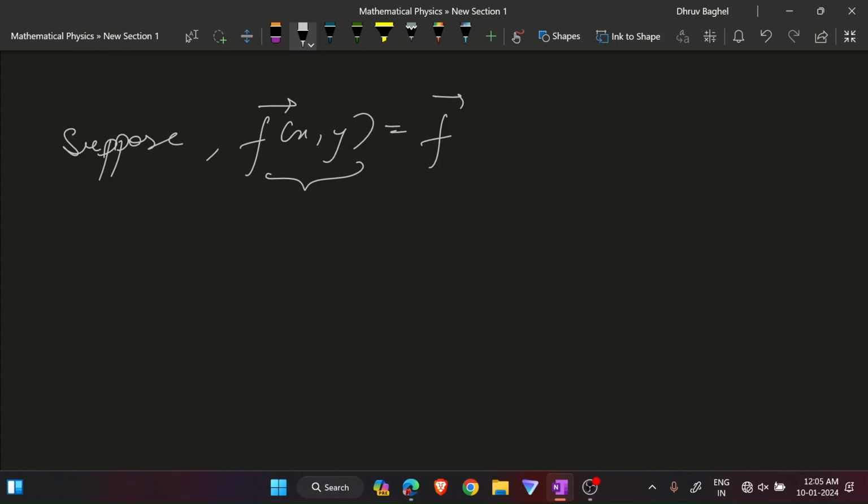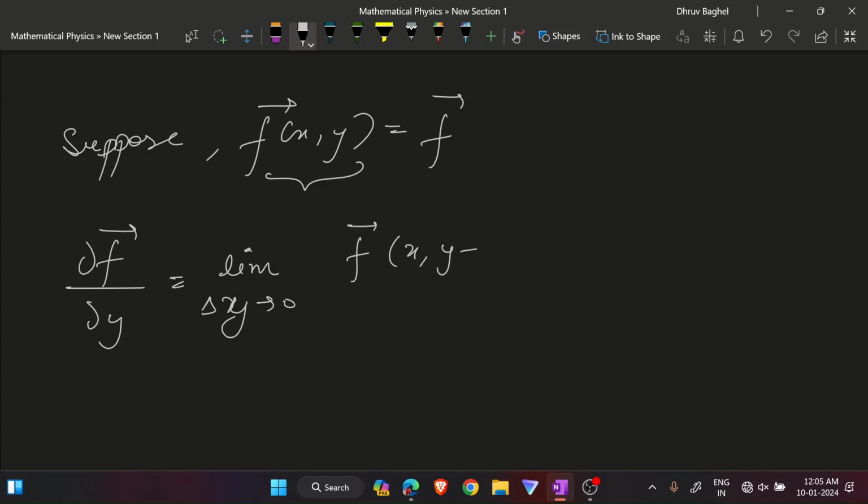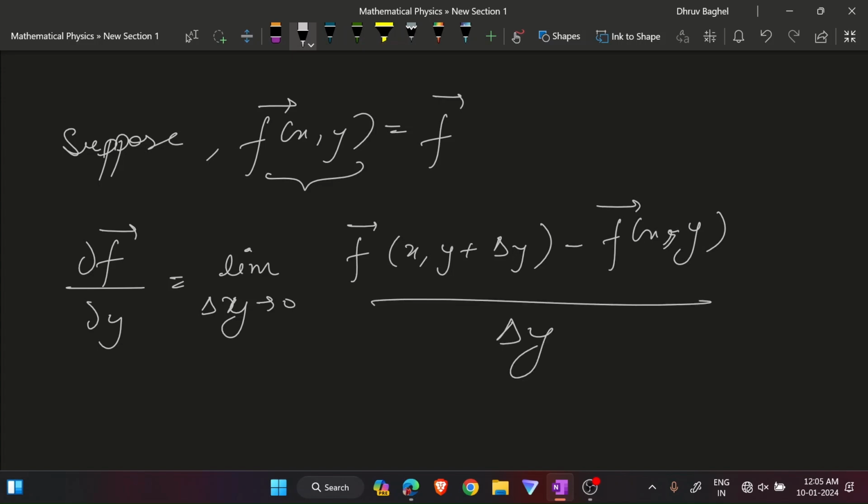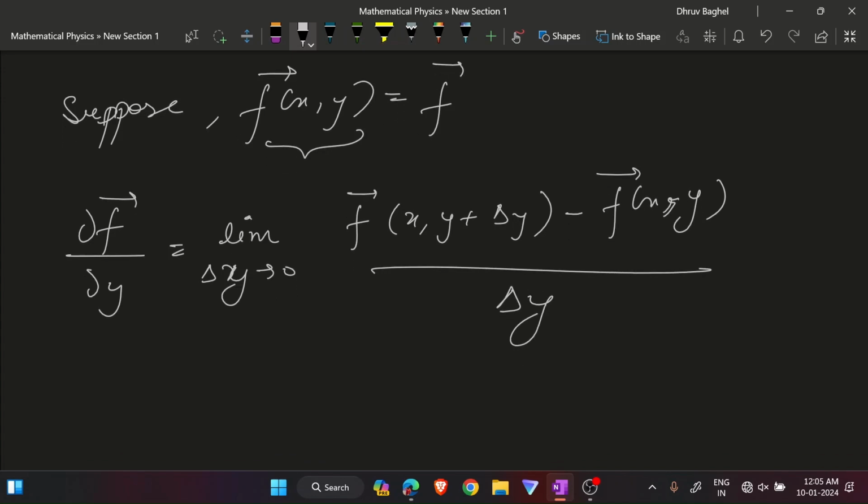For this I can write del f upon del y. Nothing is going to change, the definition will remain the same: limit delta y tends to 0 of f of x comma y plus delta y minus f of x comma y, divided by delta y. But this time this is going to be a vector quantity.